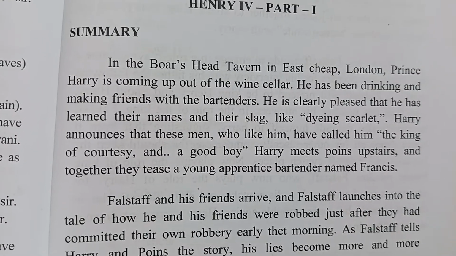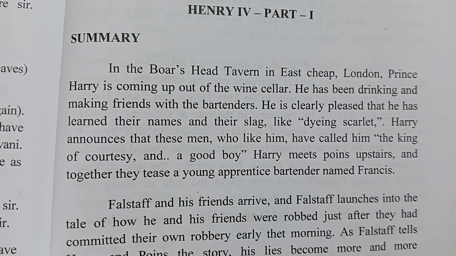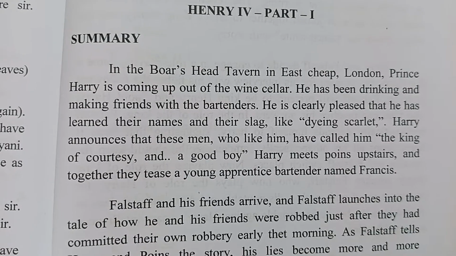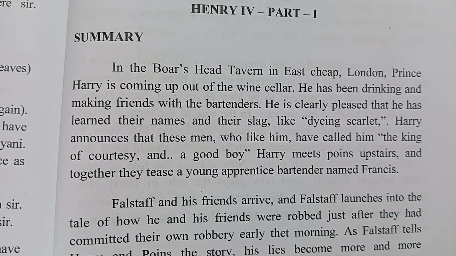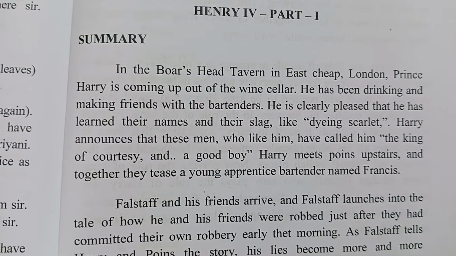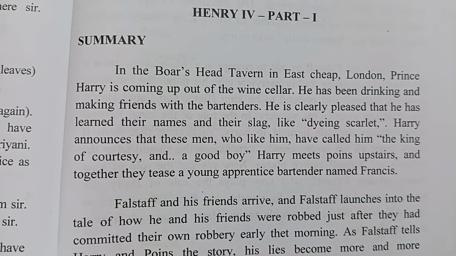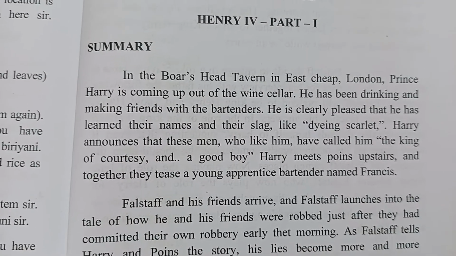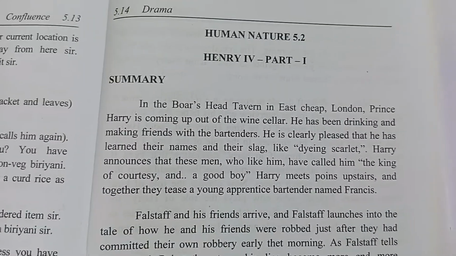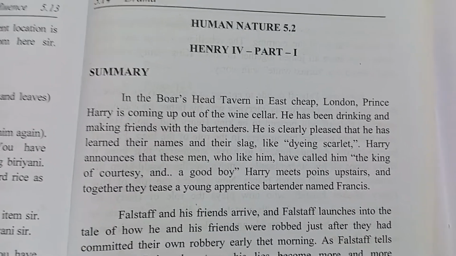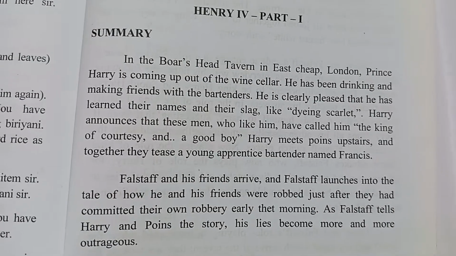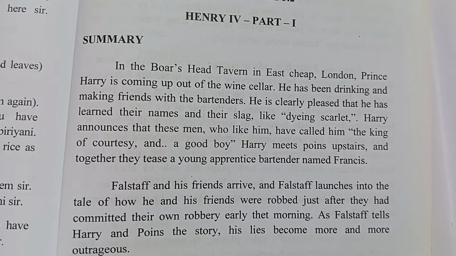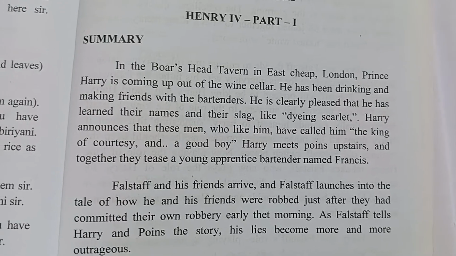In the Boar's Head Tavern in Eastcheap, London, Prince Harry is coming up out of the wine cellar. He has been drinking and making friends with the bartenders. He is clearly pleased that he has learned their names and their slang, like dyeing scarlet. And Harry announces that these men who like him have called him the king of courtesy and a good boy.